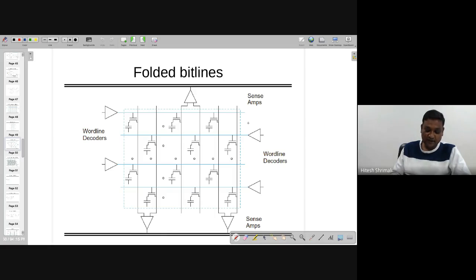So if one cell is available where there is already a connection, let's assume that this is a connection, and I want to read or write over here. Whatever the cell is here, it's going to be read. While doing this, look that the other sides are not going to be programmed, right? So here you are reading, but the other sides are not reading it.